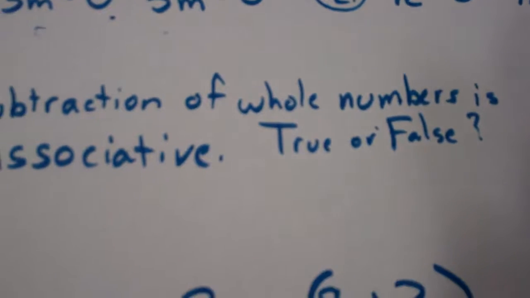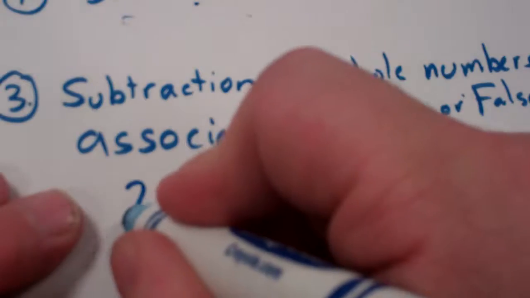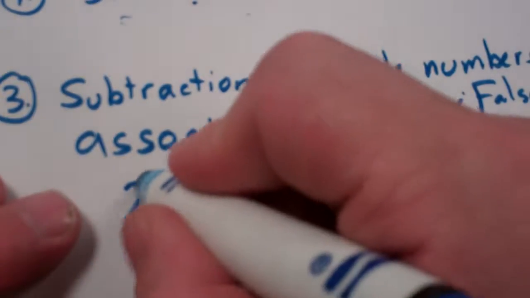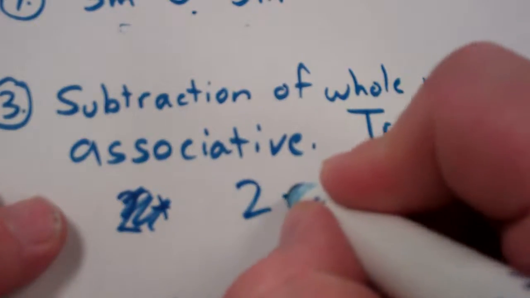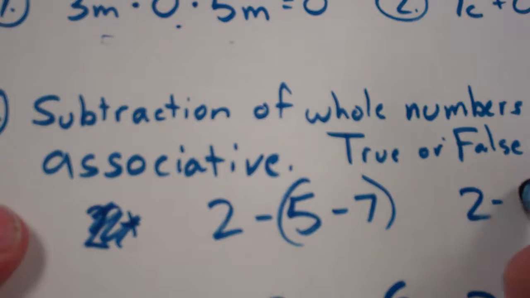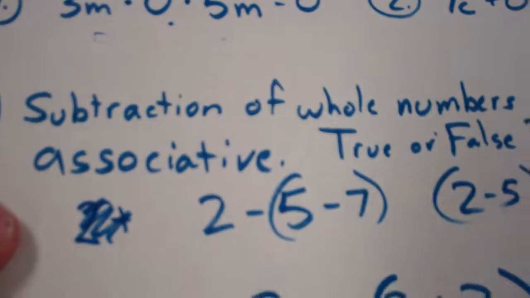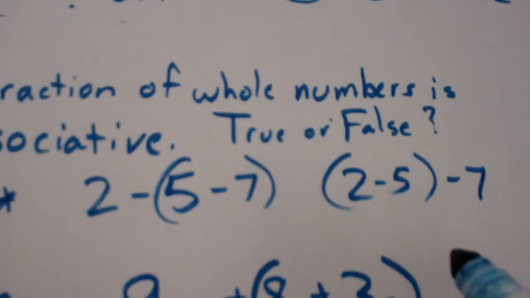Number 3 says, subtraction of whole numbers is associative. Do you agree? Well, let's try it. 2 minus 5 minus 7. Notice I didn't change the order, I changed the grouping.